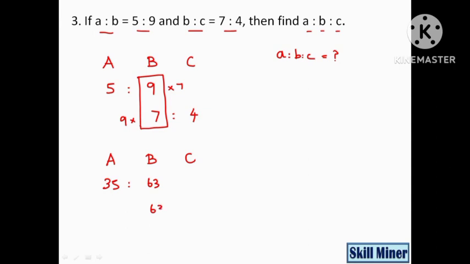B is to C becomes 63 is to 4 nines are 36. Now the B ratio becomes equal in both the cases. So A is to B is to C is equal to 35 is to 63 is to 36. This will be the right answer.